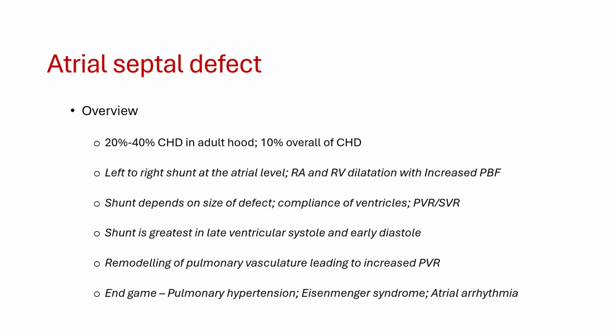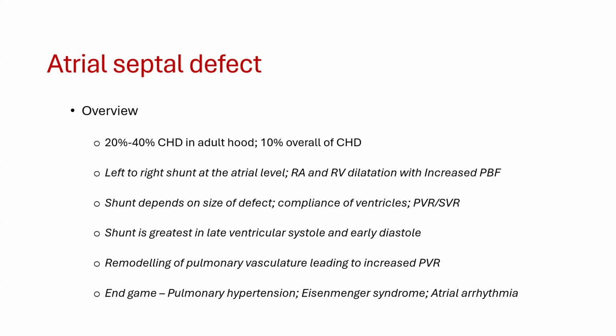I've noticed that the shunt is greatest in late ventricular systole and early diastole. So these are areas where you will have a drop in the pressures on the right side and a commensurate shunting of blood from the left to the right. Ultimately, the increased pulmonary blood flow leads to remodeling of the vasculature of the lungs, and that causes the increased pulmonary vascular resistance.